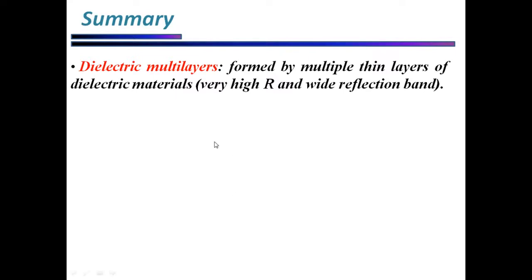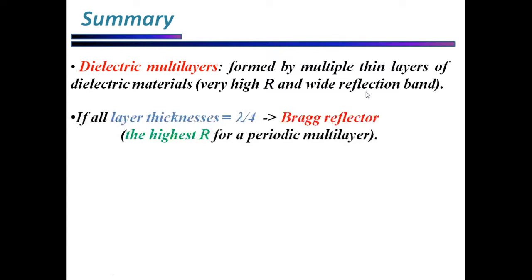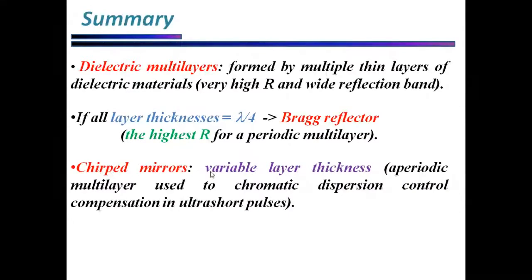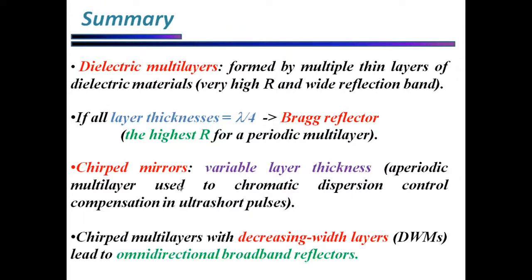We attain very high R and a wide reflection band. If all the layer thicknesses are a quarter of a wavelength, we get the Bragg reflector, which has the highest R for a periodic multilayer. Mirrors with variable layer thicknesses, not periodic multilayers, are used for chromatic dispersion control to compensate ultrashort pulses. Mirrors with decreasing width multilayers lead to the so-called omnidirectional broadband reflectors.